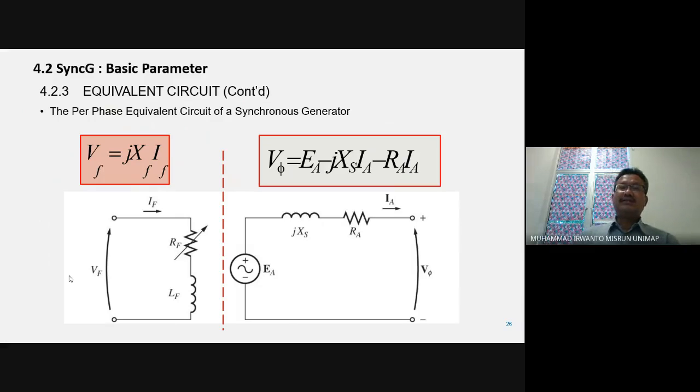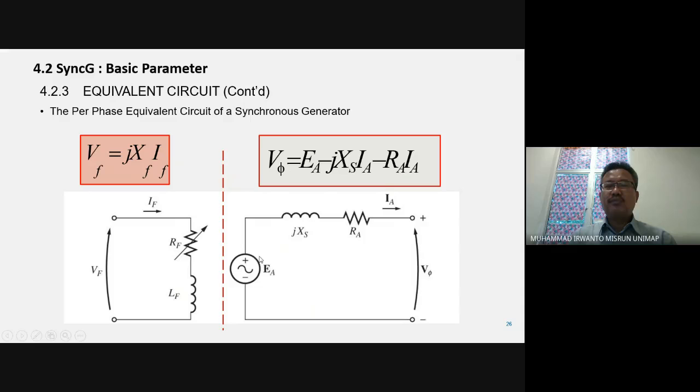Okay, I repeat again: the per-phase equivalent circuit of the three-phase synchronous generator is drawn like this.